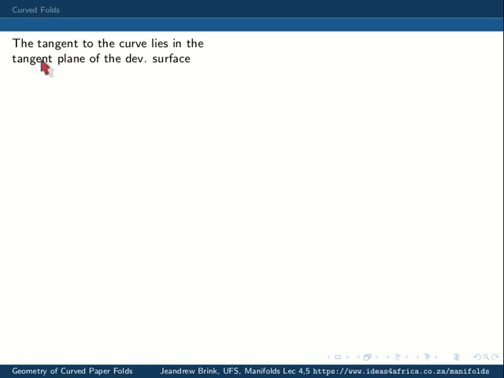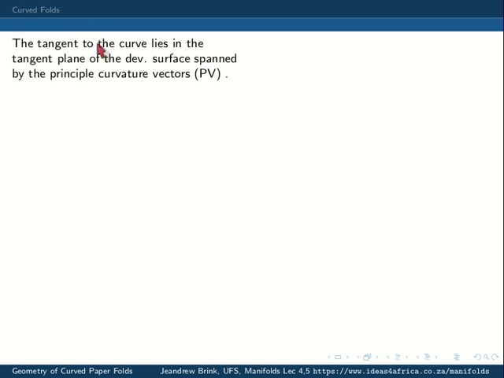What we want to do is express the tangent, which is part of the curve, in terms of the triad fixed to the surface, so that we can break up the components of the curvature that lies in the plane and the curvature that is due to bending the paper.